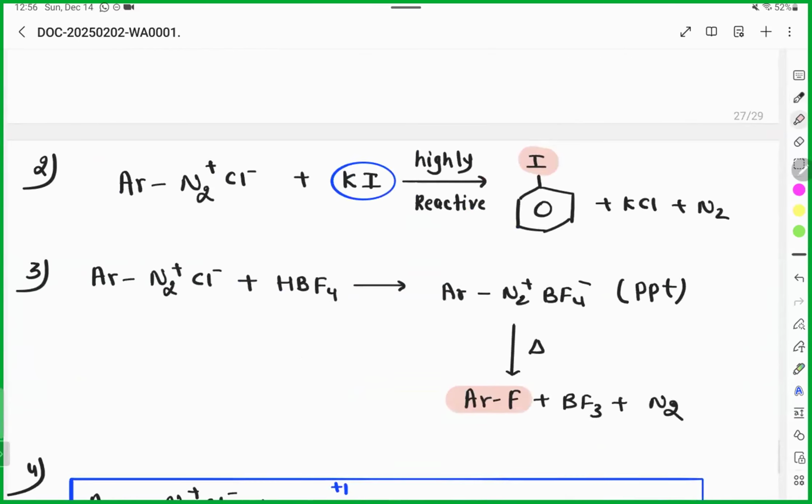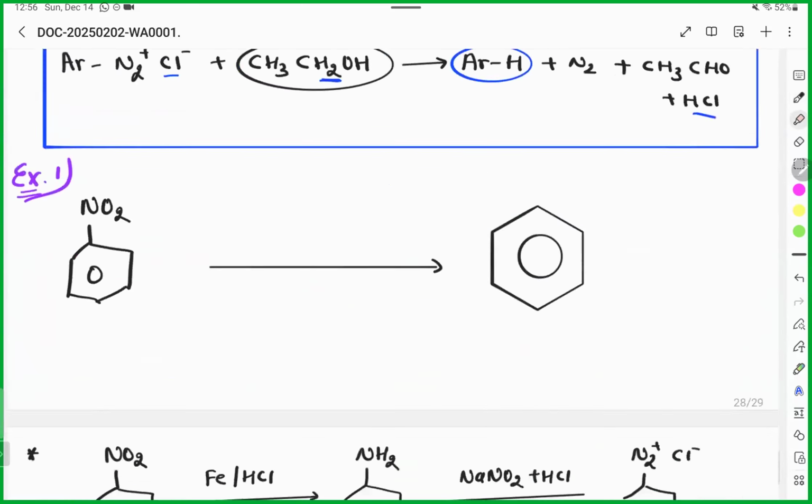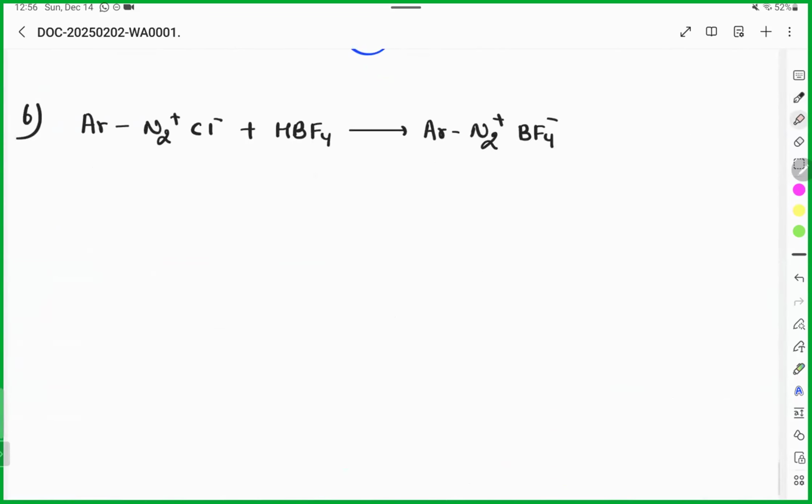If diazonium salt reacts with HBF4, this is the product, correct? But here you have one interesting thing. If in next step you add NaNO2 and copper and heat it, you add copper and you heat this.